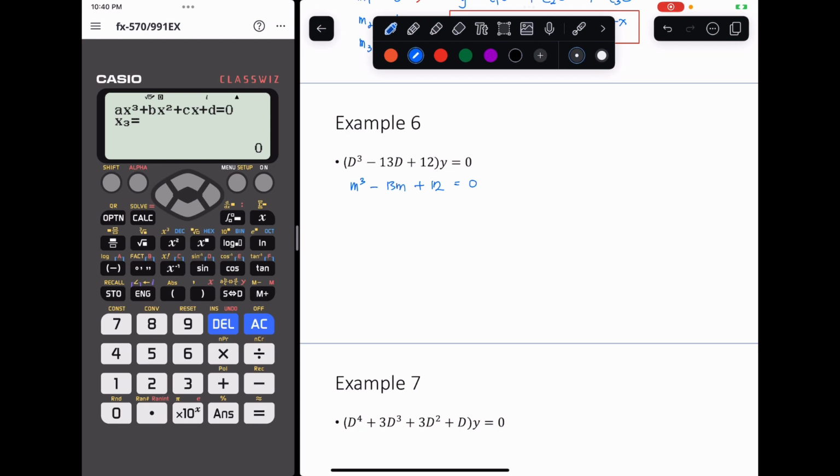In synthetic division, I'm going to write all the coefficients. So I'll have m cubed, the coefficient is 1. Then the coefficient for m squared is none, which is 0, since we don't have m squared. And then for m, we have negative 13, and then we have positive 12.